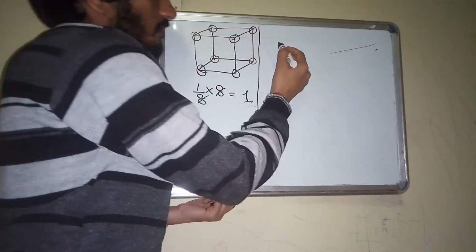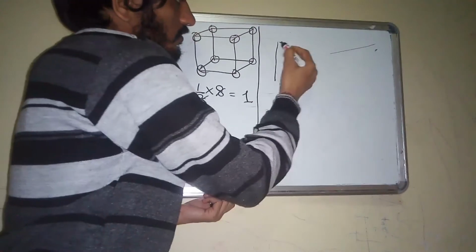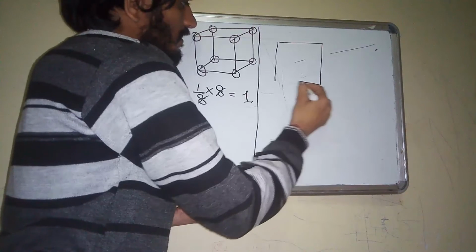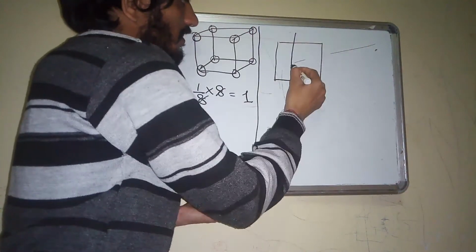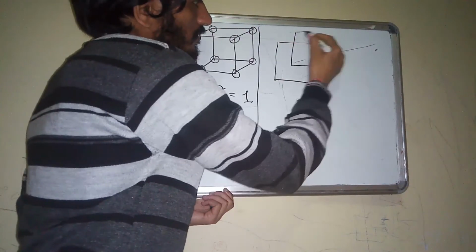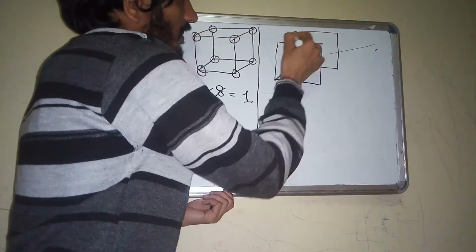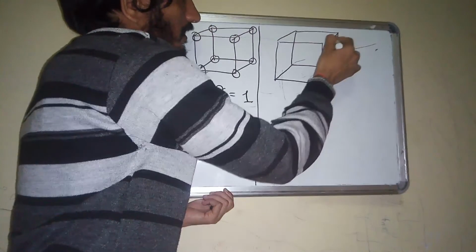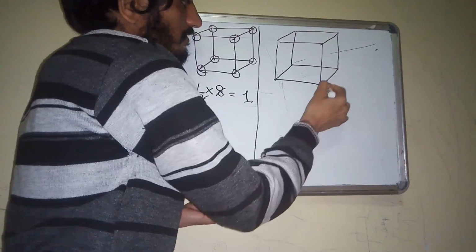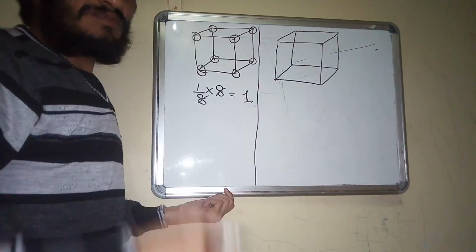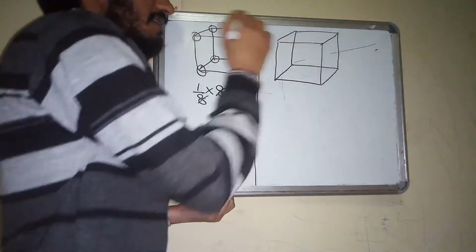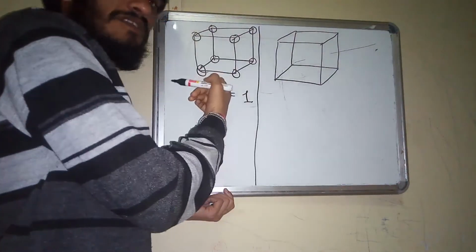when we move to the body centered cubic unit cell, this is a primitive cubic unit cell or simple unit cell. Now see here what happens, how many atoms or particles or lattice points are present in total in the body center. This is a primitive or simple.